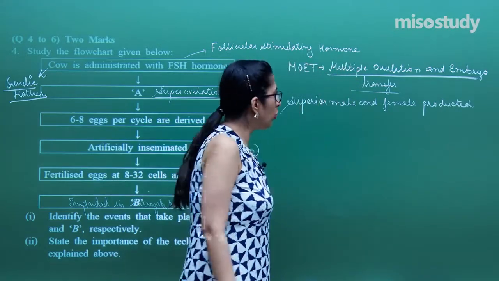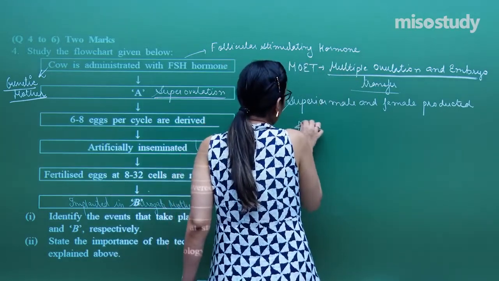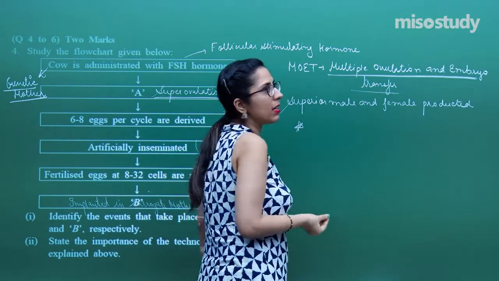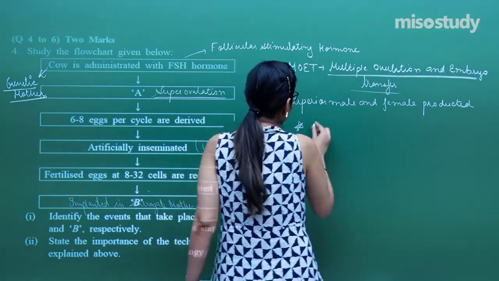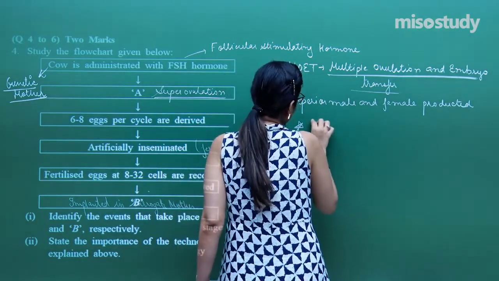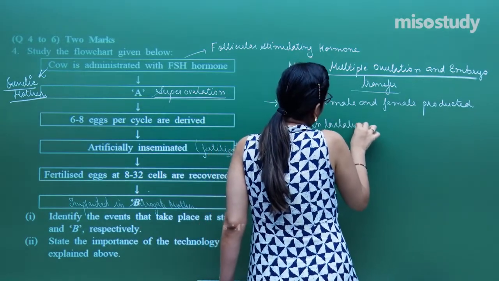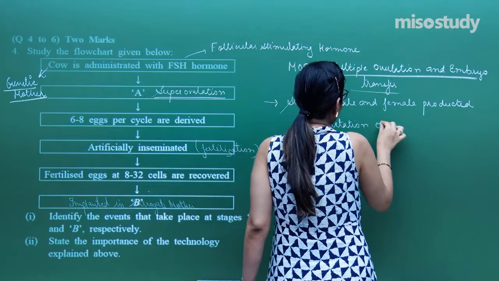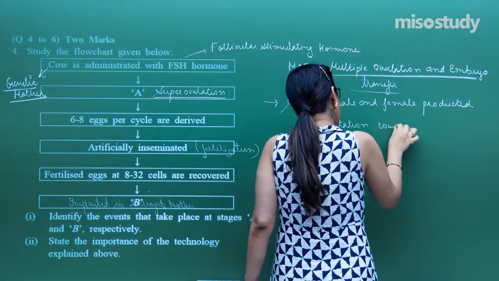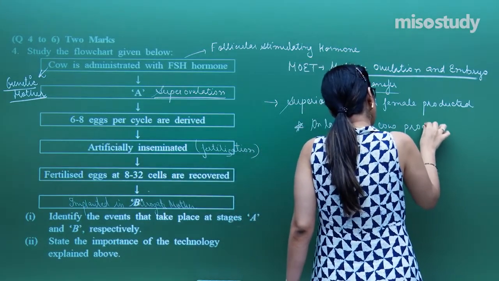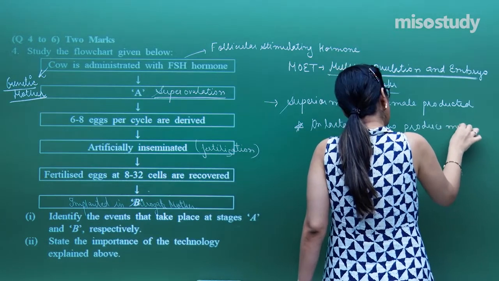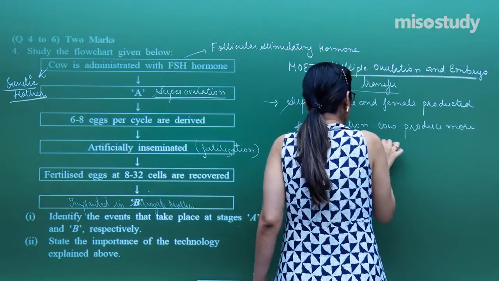Right? Those females which are produced can give a large amount of milk. So, on lactation, such type of cows produce more milk.